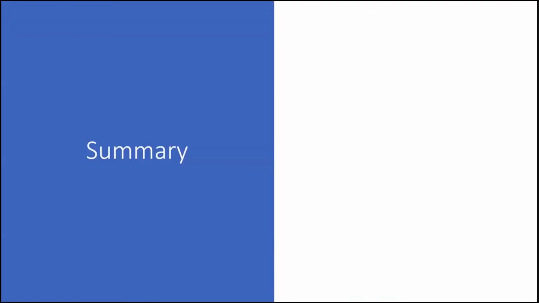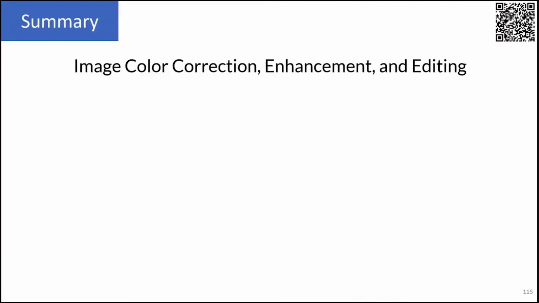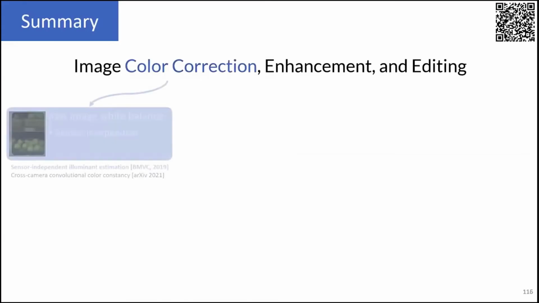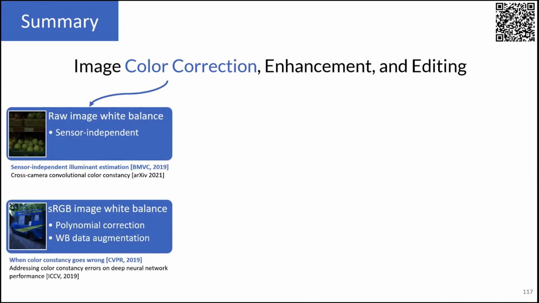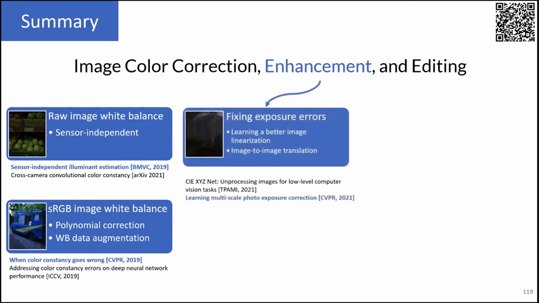So, to summarize, I discussed topics related to image color correction, and I discussed our sensor-independent methods. The first work proposed to fix sRGB image white balance errors. Then I discussed the image enhancement part, which focuses on fixing exposure errors.